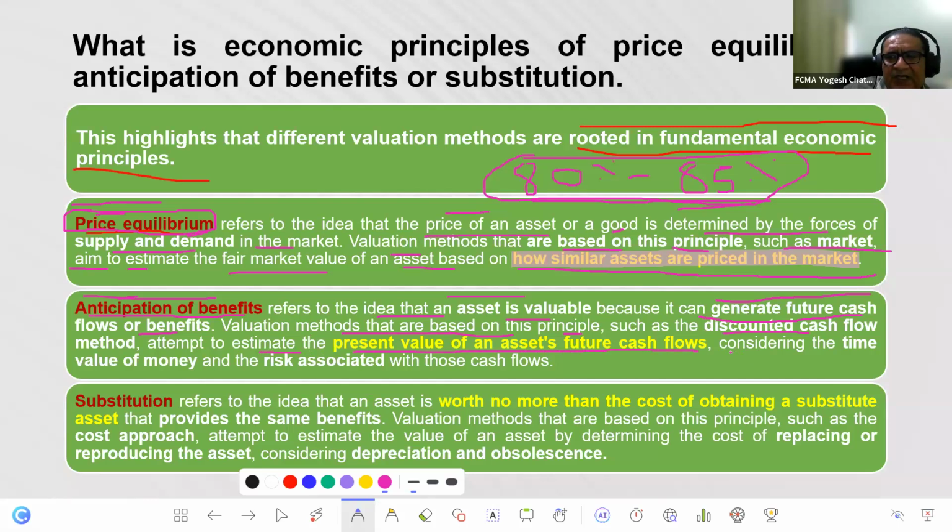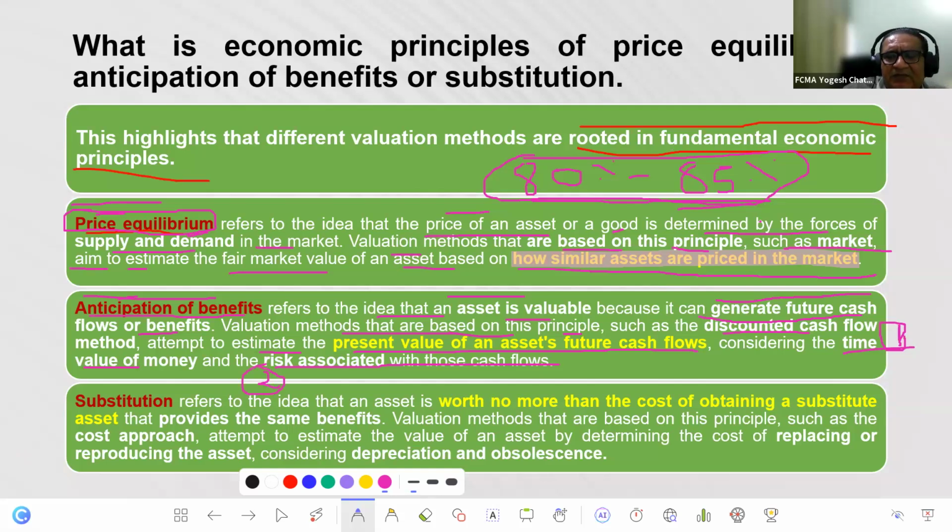That is in consideration of the time value of money and the risk associated with those cash flows. So that is very important. This is component number one of the discount rate, the time value of money, and component number two is the risk associated with the cash flow.